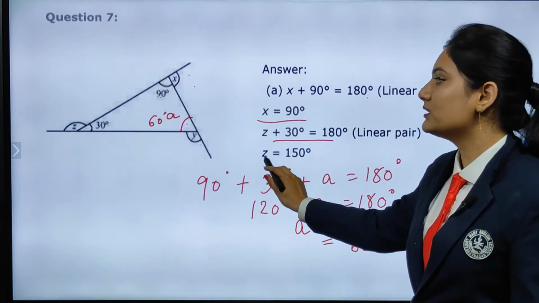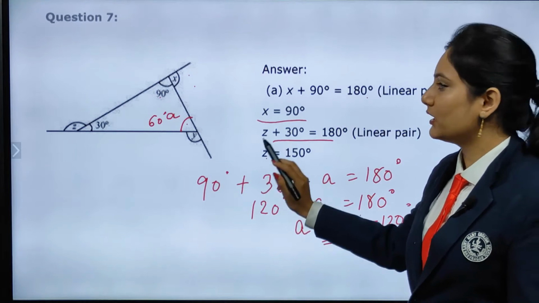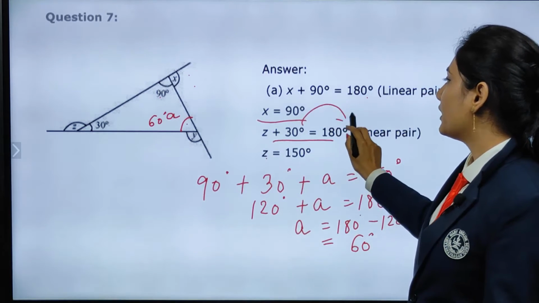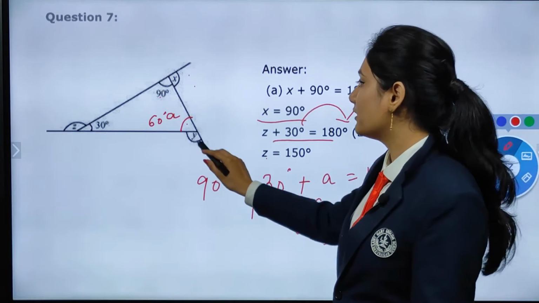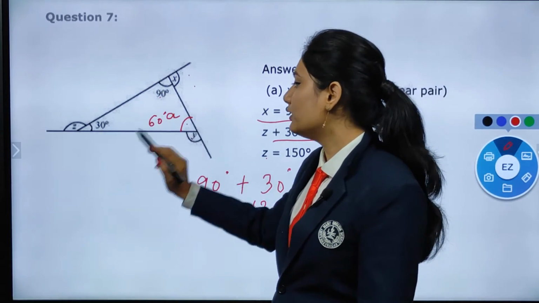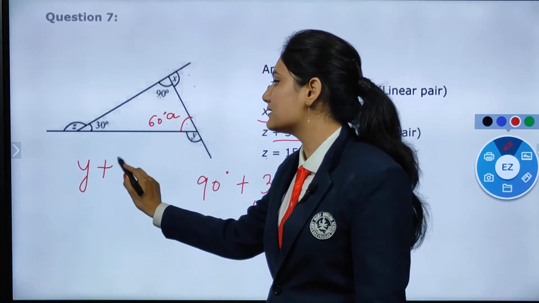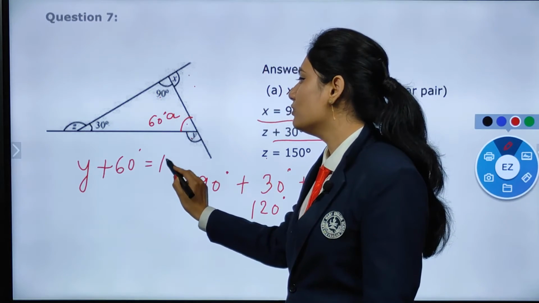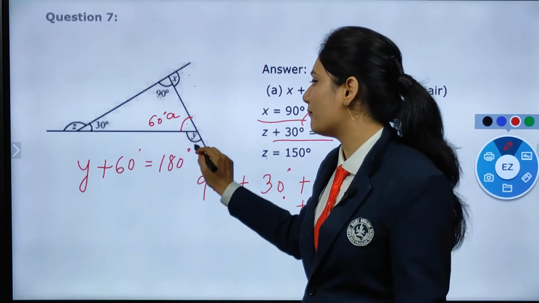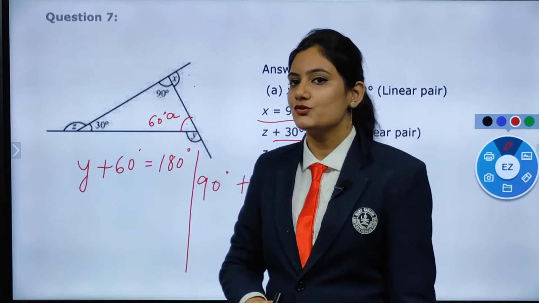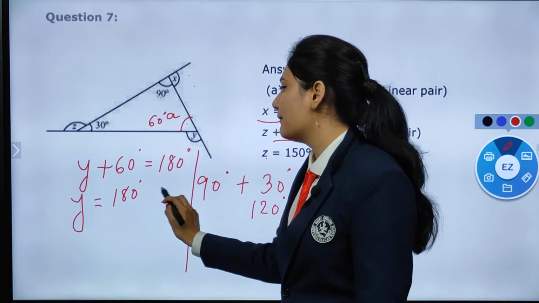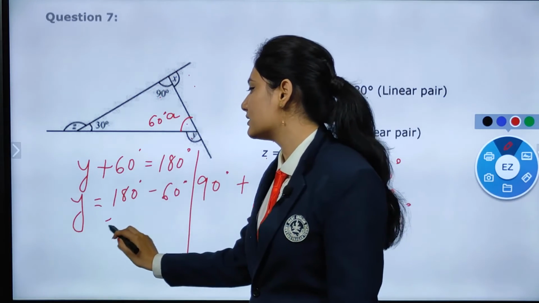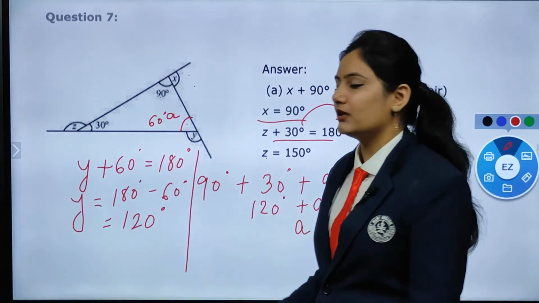So the value of z is equal to 150 degree by subtracting 30 from 180 degree. Now next, if you want to find the value of y, what you will do? Y plus 60 is equal to 180 degree. This is also forming a linear pair. So what will be the answer? Y is equal to 180 degree minus 60 degree. So the answer is 120 degree.